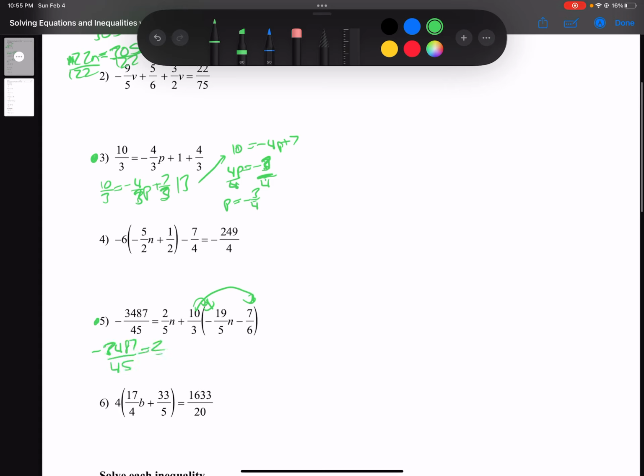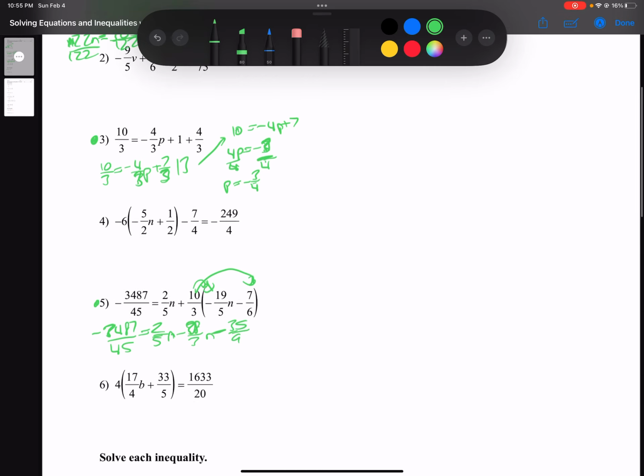Is equal to 2 over 5n plus, or actually minus, because a positive times a negative is a negative. Minus 38 over 3n minus 35 over 9. And down here is some simplification, right?